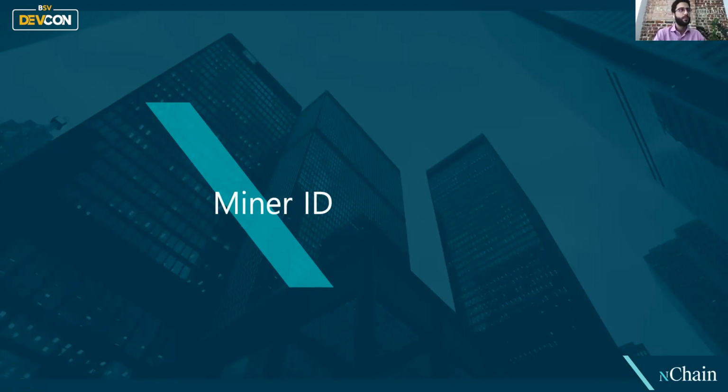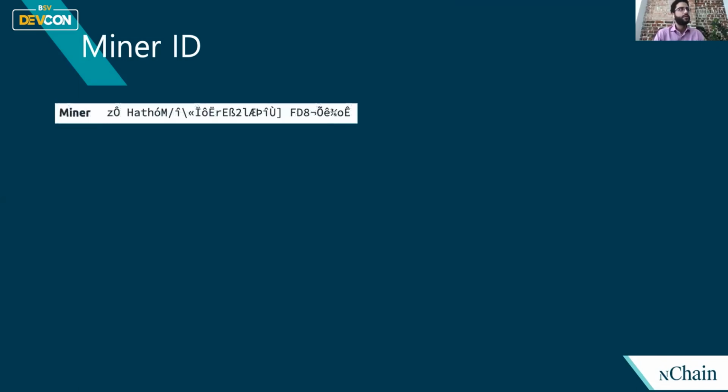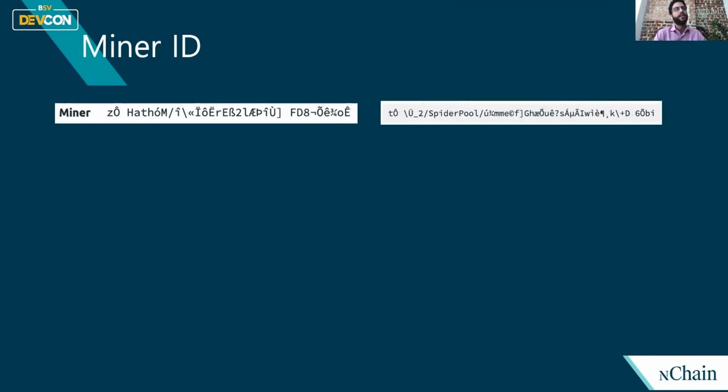Miner ID is just a way for miners to cryptographically identify themselves through the Coinbase transaction. In the past, miners could put any data in the input of the Coinbase transaction, which is the transaction that pays them money for mining a block.